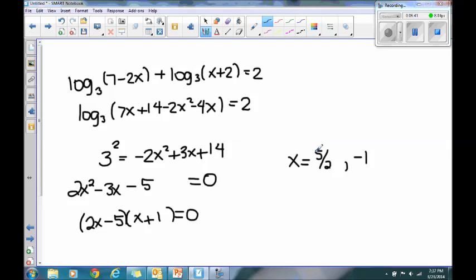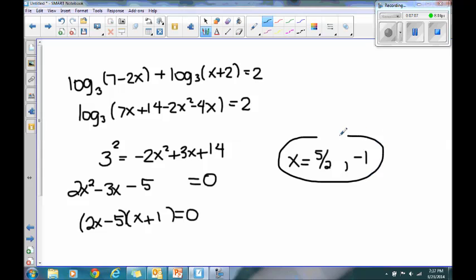When I check, 7 minus 2 times 5 halves is 5. 7 minus 5 is 2. I'm in good shape there. 2.5 plus 2 more is positive, so I'm fine there. Notice that negative 1 plus 2 is positive. And if I take 7 minus 2 times negative 1, I'm really taking 7 plus 2 here, which is 9.